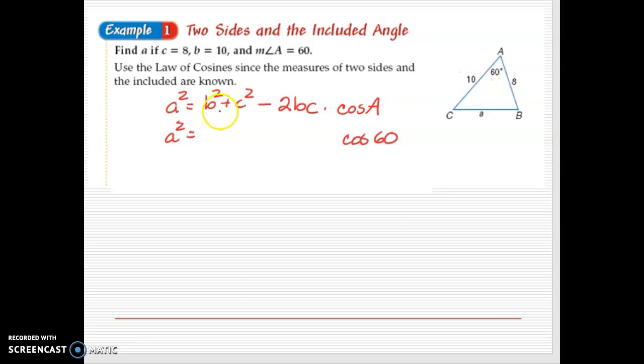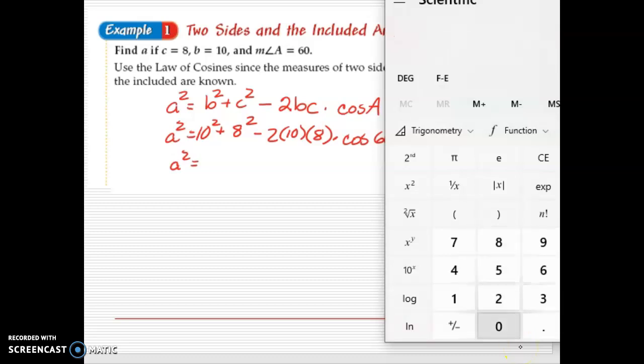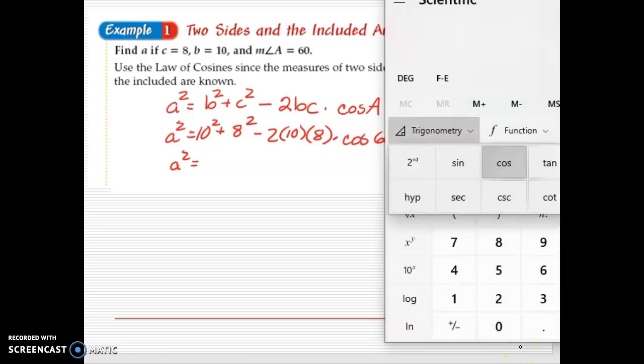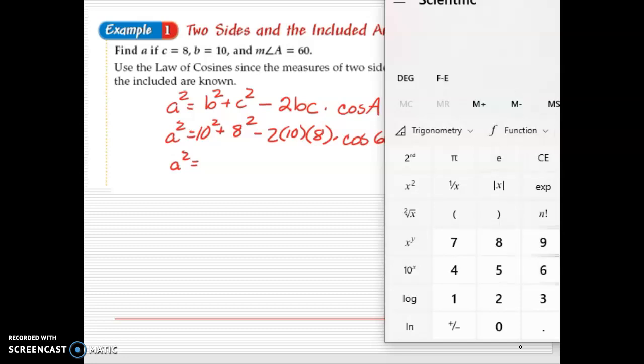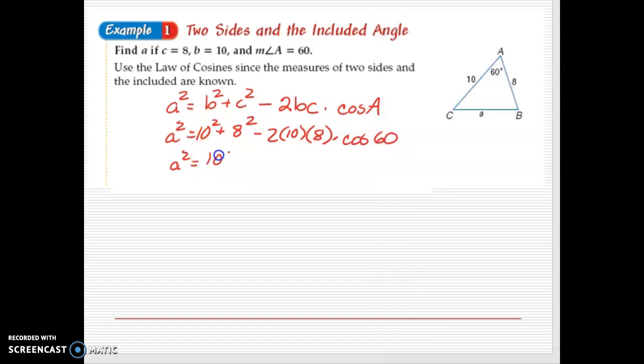And that's going to be A squared, my side, and the cosine of 60. B squared is 10. C squared is 8. 2 times 10 times 8 times cosine of 60. So filling that in, cosine of 60 is 0.5, times 8 times 10 times 2. So you get 80. Alright, so 10 squared is 100, plus 8 squared is 64, minus 80.